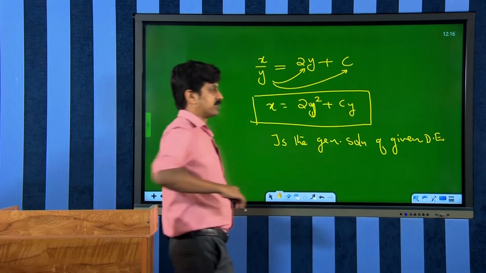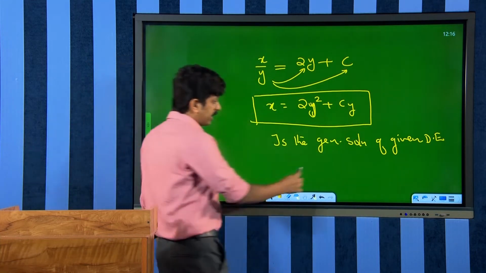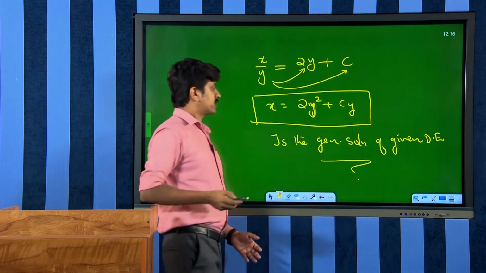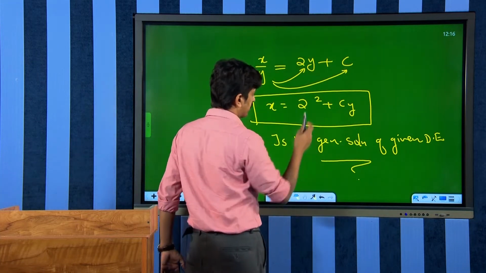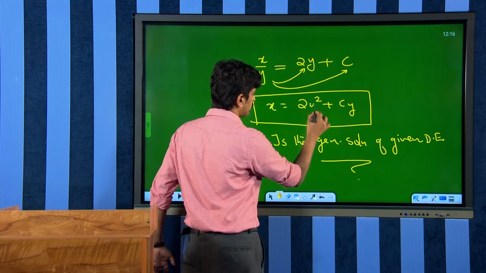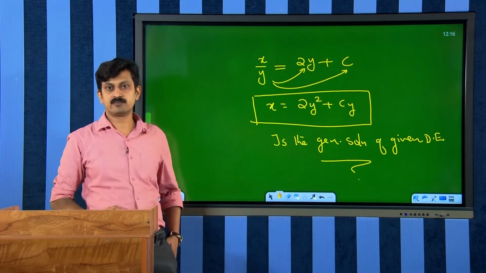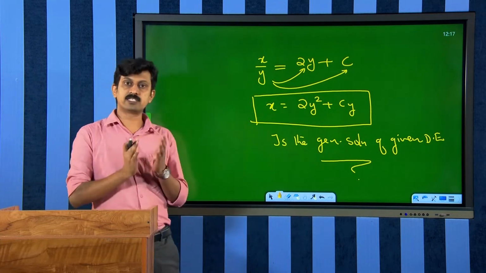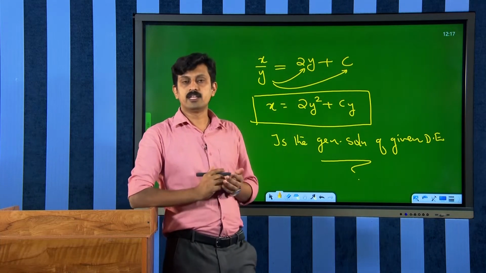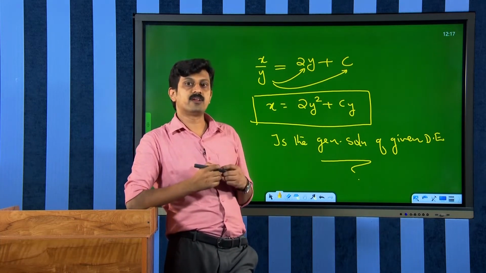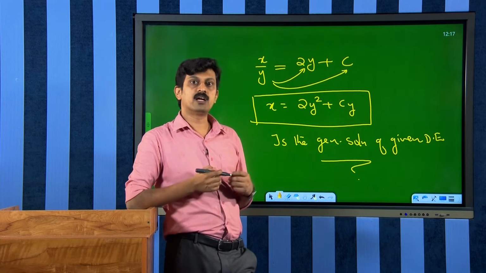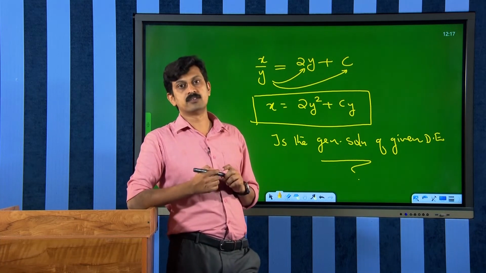See, we found the general solution in x and y. We just interchanged the dependent and independent variable. The dependent variable y is interchanged with x and x is interchanged with y.